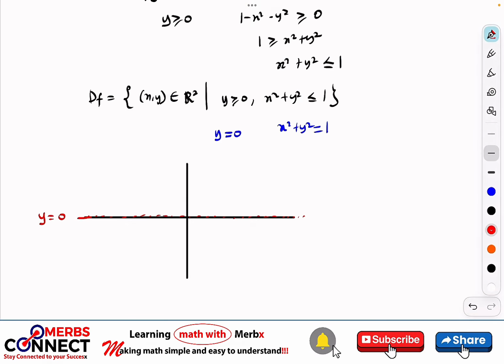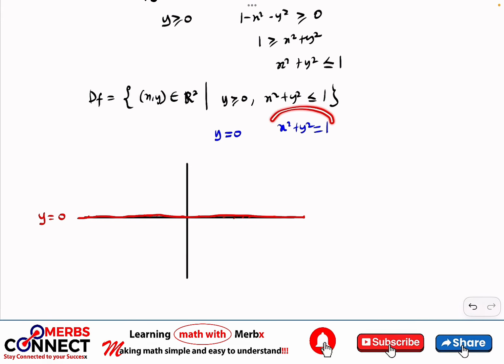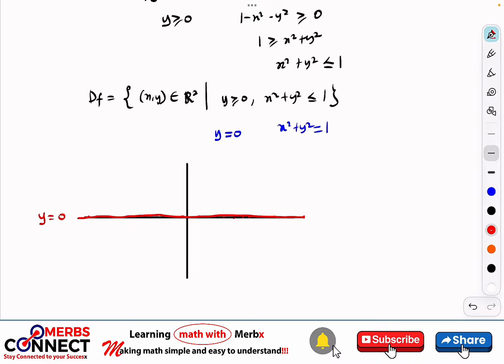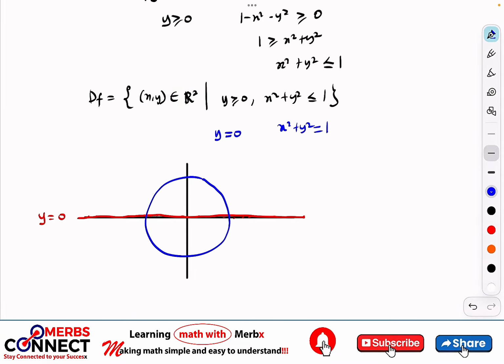So it means that my line should not be dotted line. It should be the solid one. Now we have a circle with radius 1. So I'm going to have a beautiful circle here with a radius of 1.